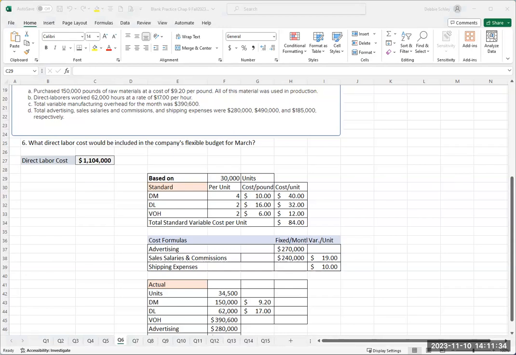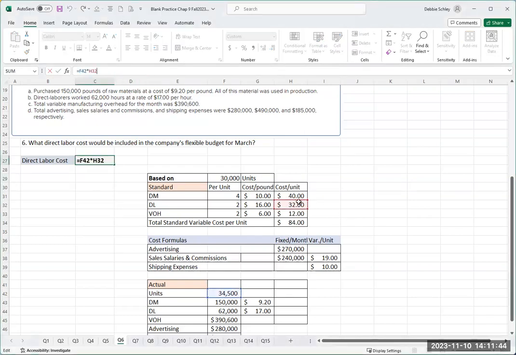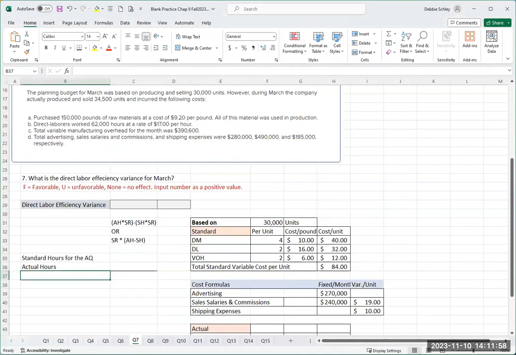Okay, so we're gonna leave it at that. Direct labor costs, just take, again, the cost per unit standard times the actual units made. And that will give you the right answer for direct labor cost. That's going to go on the flexible budget. Okay.